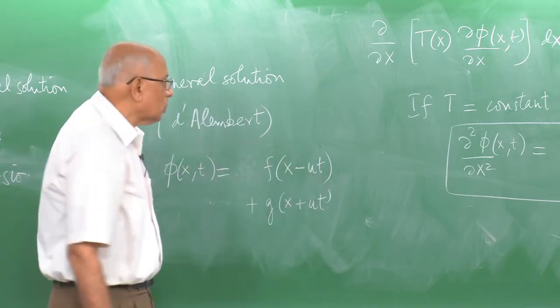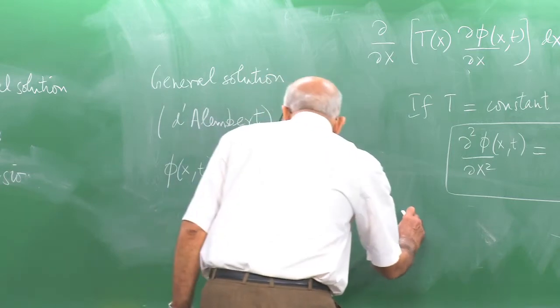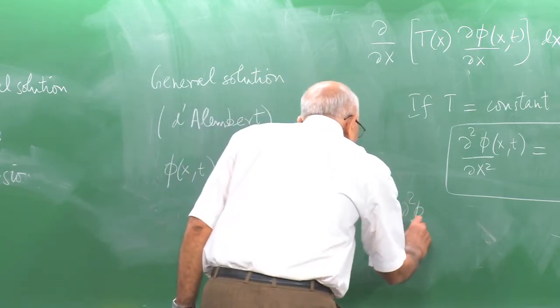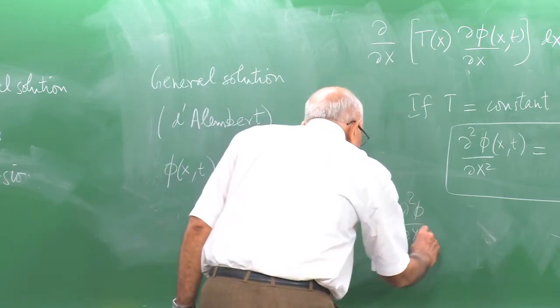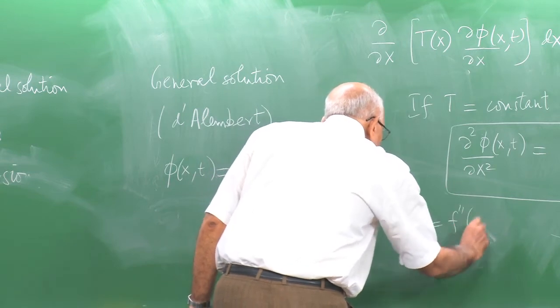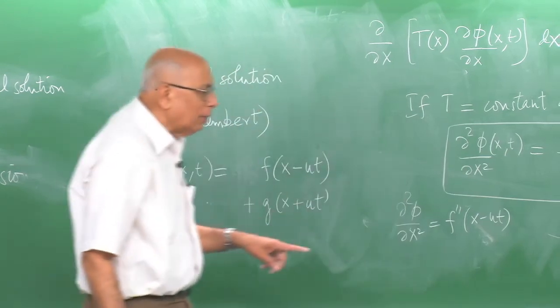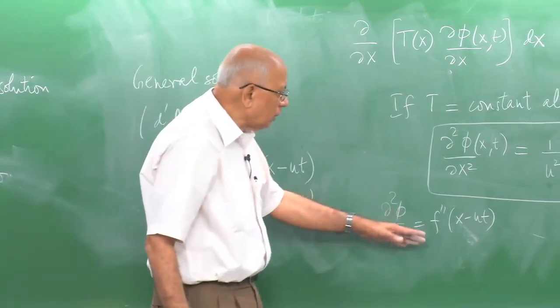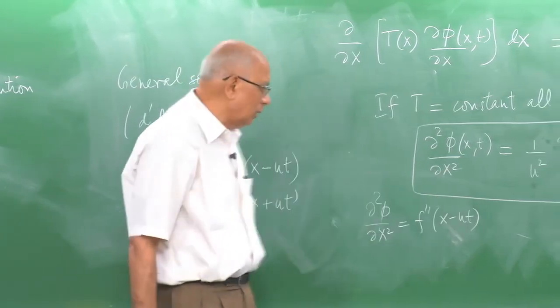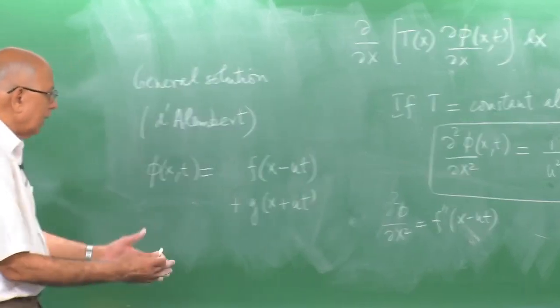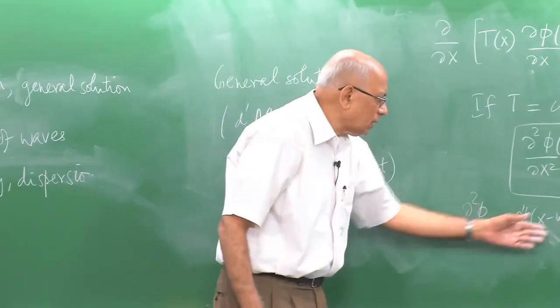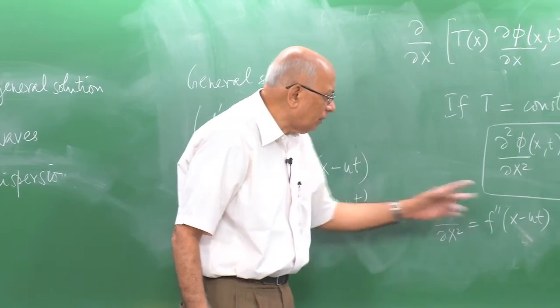So, d2 phi over dx2 would be f double prime of x minus ut, where by a prime I mean the derivative of this function with respect to its argument, whatever it be. For a fixed t, this is just a shift in x, and it is equal to f double prime.